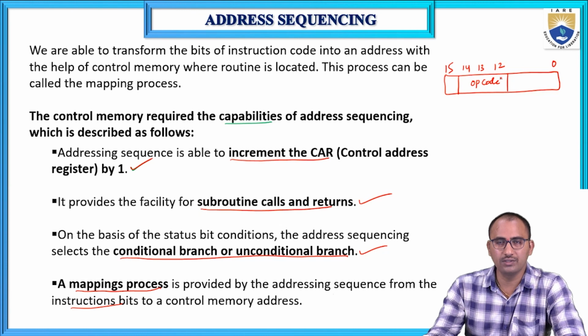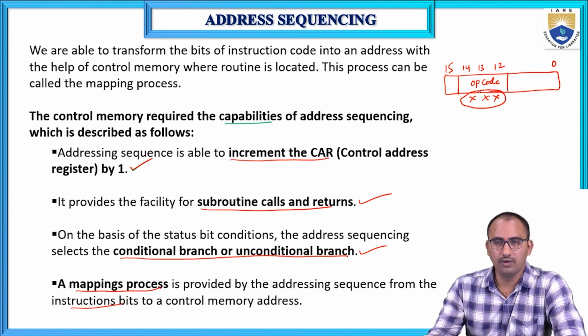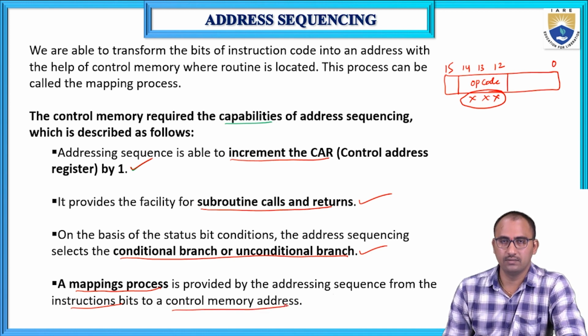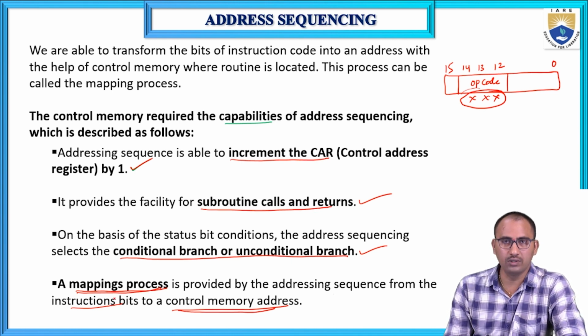Using these 3 bits, we form a control memory address. That process is called the mapping process: converting the opcode into the control memory address. In the further slides we will discuss the mapping process with an example.